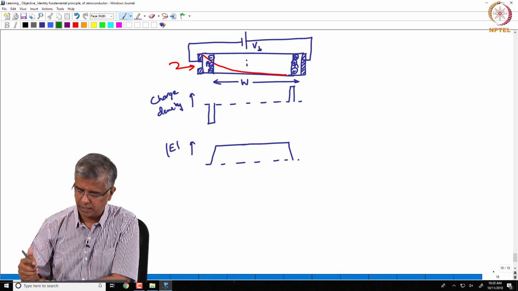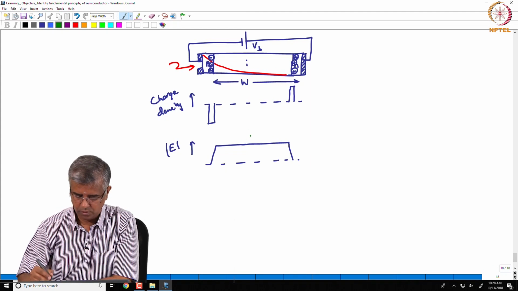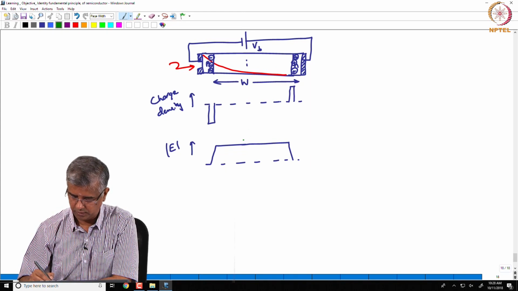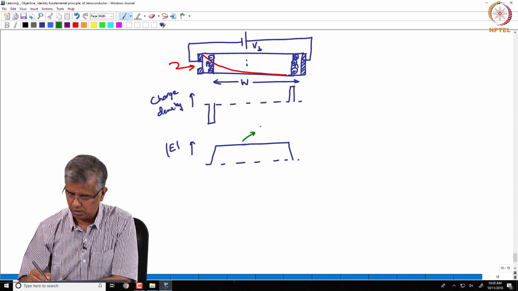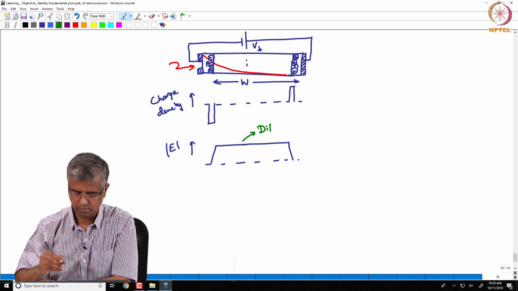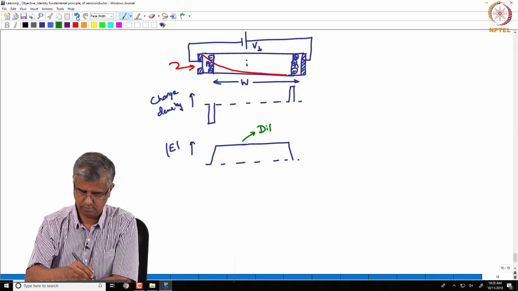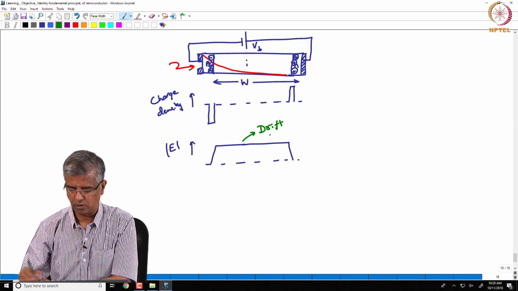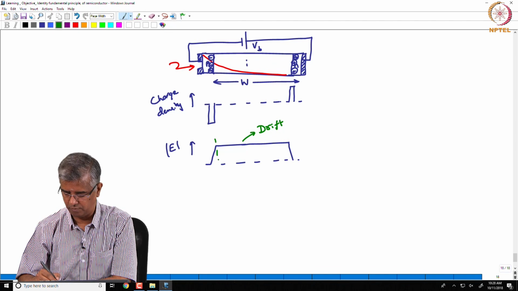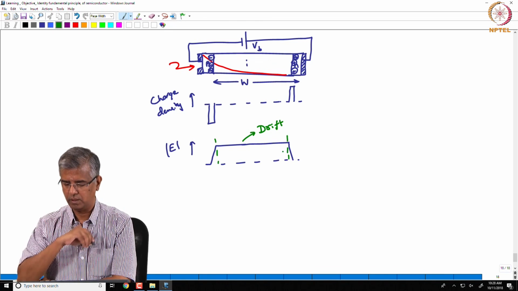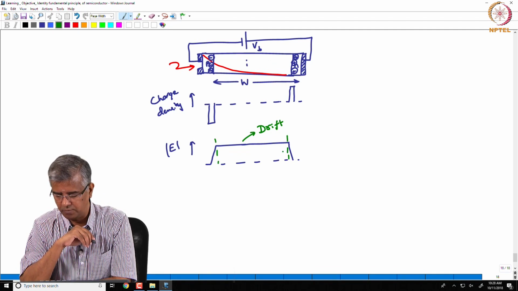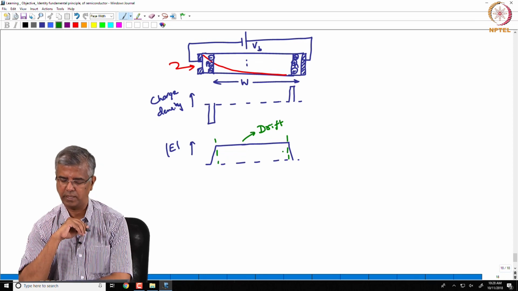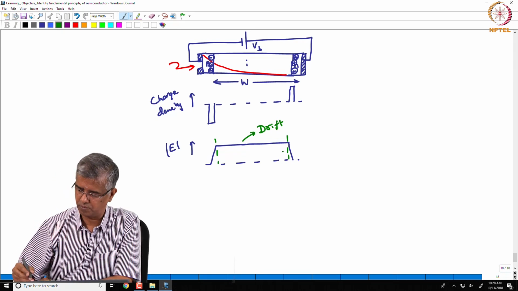So just to emphasize this point, across this entire region you have the drift process dominating, so that gives a better response from the photodiode.